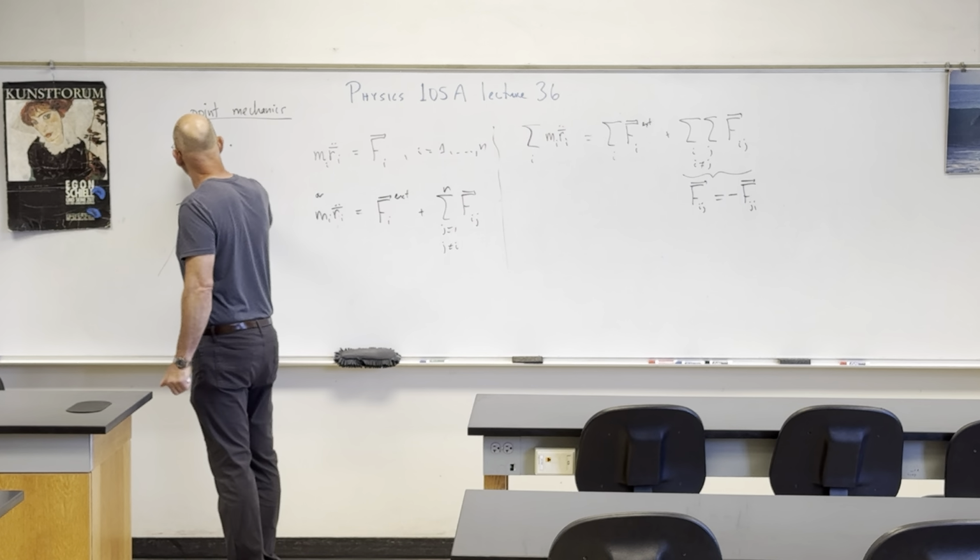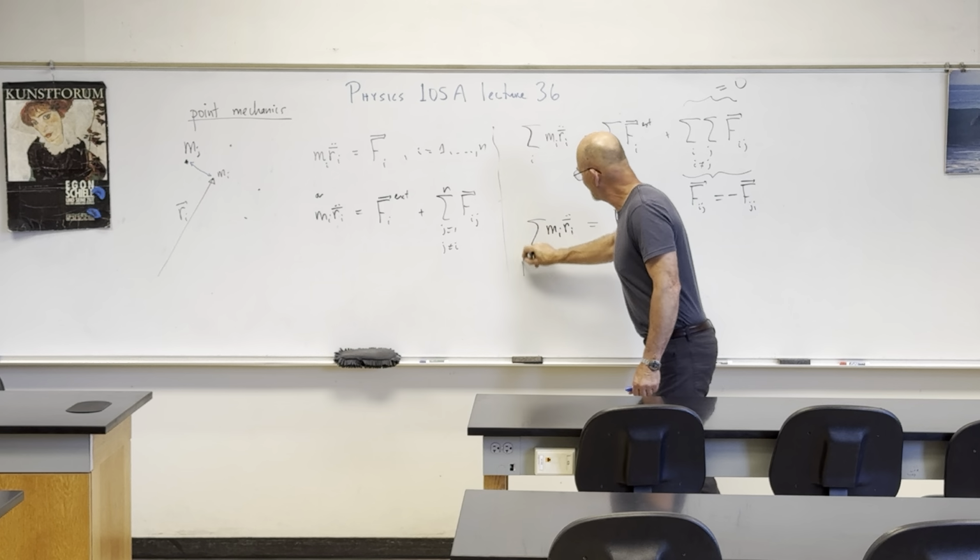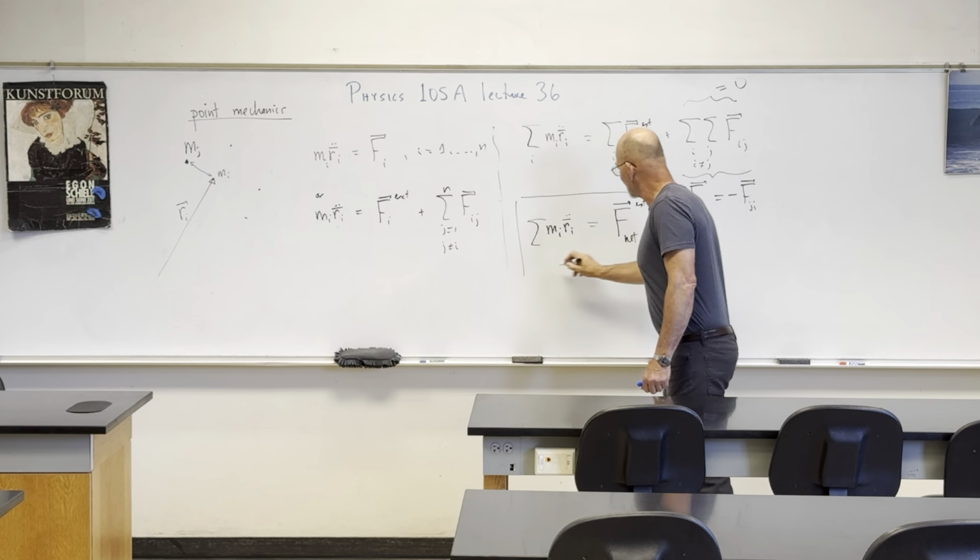and we had the sum over m sub i r sub i second derivative equals the net external force on the system. Okay, so that's what we ended up with.